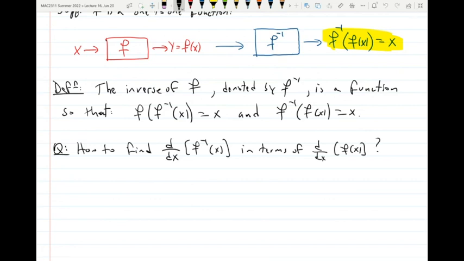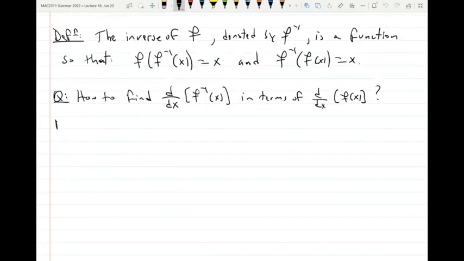Okay? And it should be clear what to do, right? So right here we have this composition. We can set up this composition equal to x, take the derivative on both sides. On the left we use chain rule, on the right we're going to have 1, and then we solve. Okay?